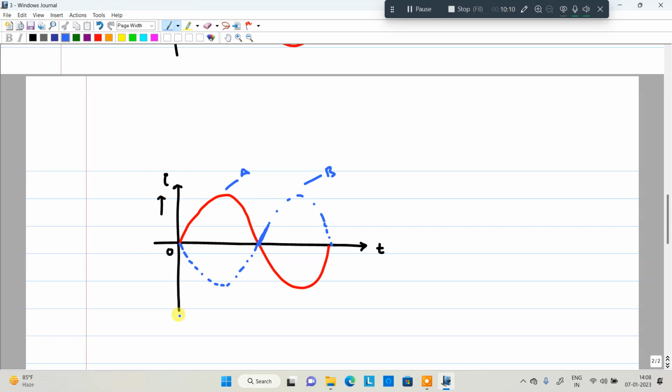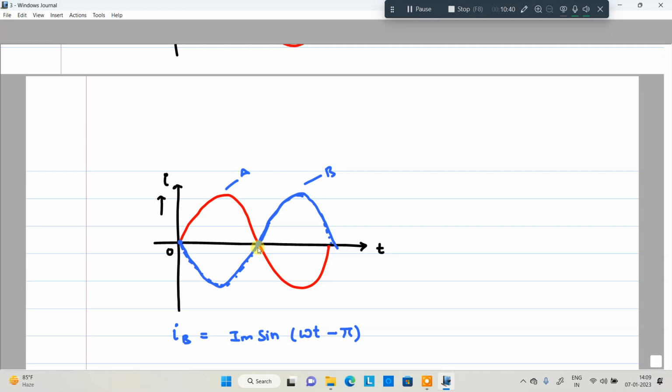So how to write these particular equations here? IB is equal to IM sine omega t minus phi. This waveform starts here, but this particular waveform starts here, because its 0 is starting from here. What is the phase angle now? The phase angle is 180 degrees.